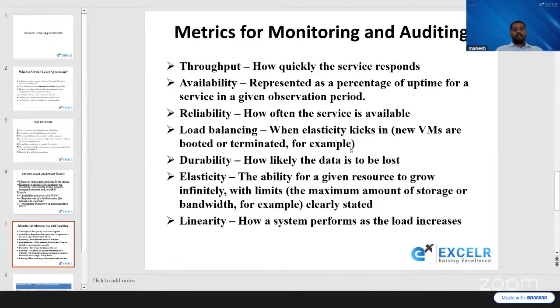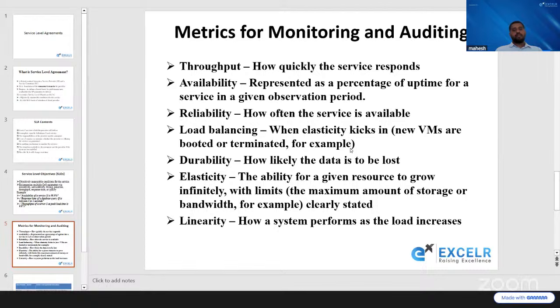And linearity is a kind of how a system is going to perform as the load increases. So we know how my system responds when the system load increases. If I'm facing more stress, let us assume, during the stress, how am I behaving?